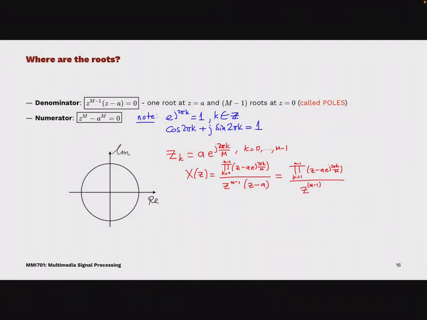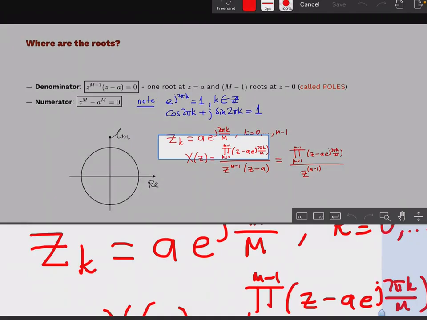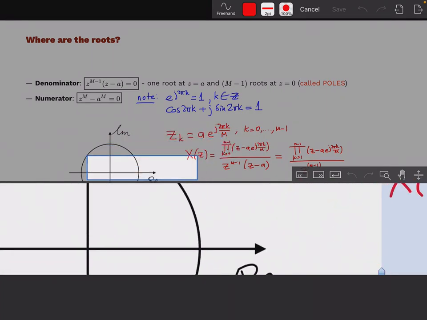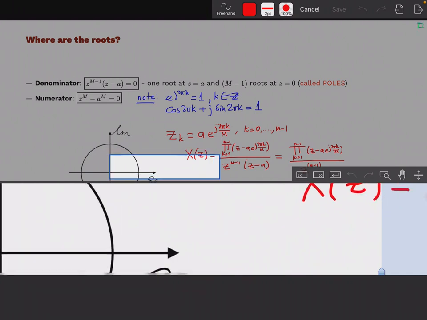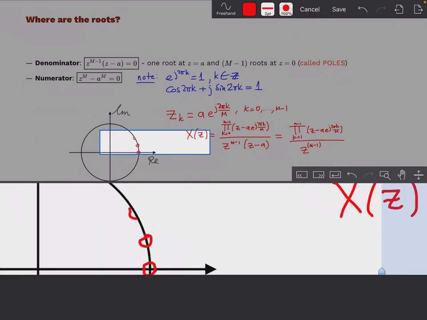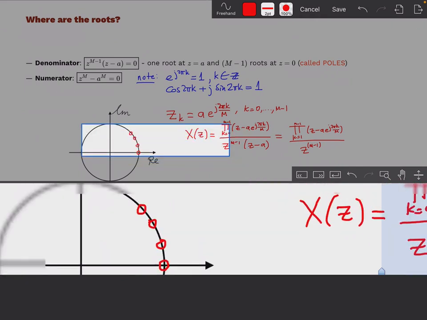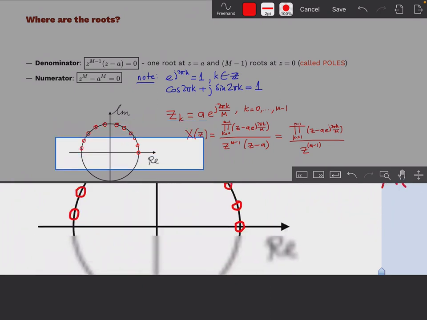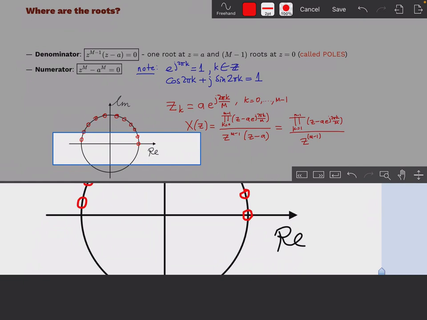And if you want to draw the zeros and poles of the system, let's use red for the zeros. We have a 0 at z equals a, and all the rest are equally spaced around the circle which has a radius a.